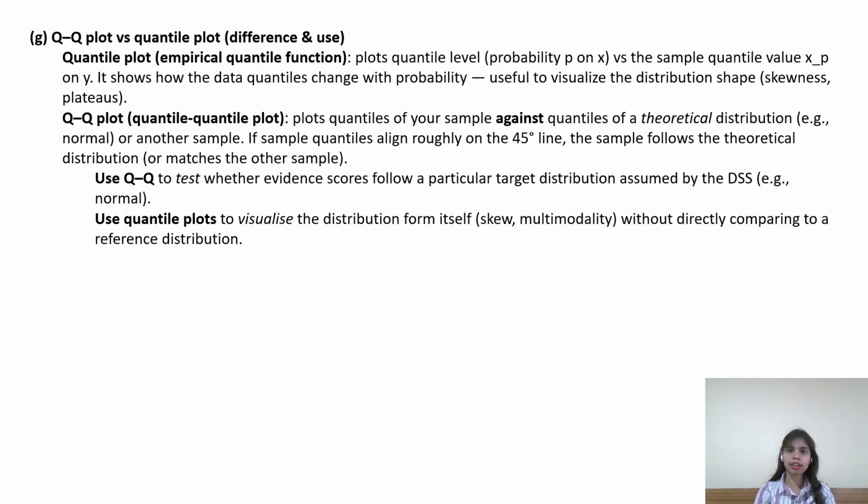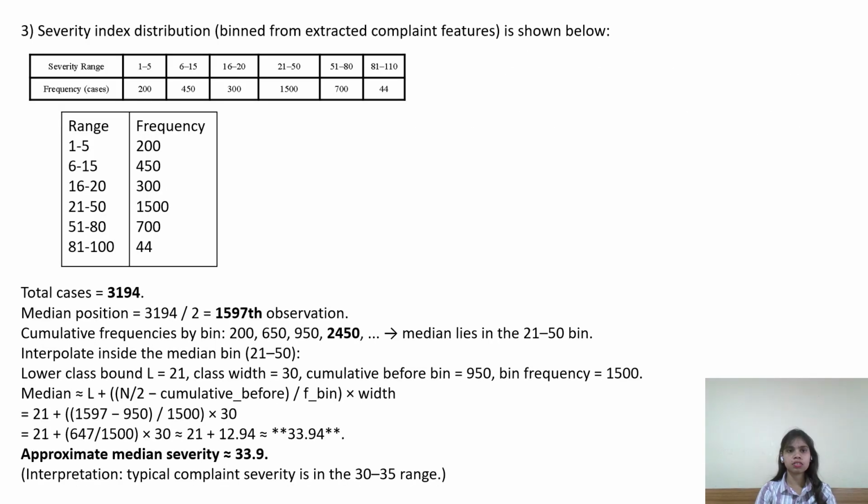If sample quantiles align closely on the 45-degree line, the sample follows the theoretical distribution. Use Q-Q to test whether values follow a particular target distribution assumed by the model. Use quantile plots to visualize the distribution form itself without directly comparing to a reference distribution.